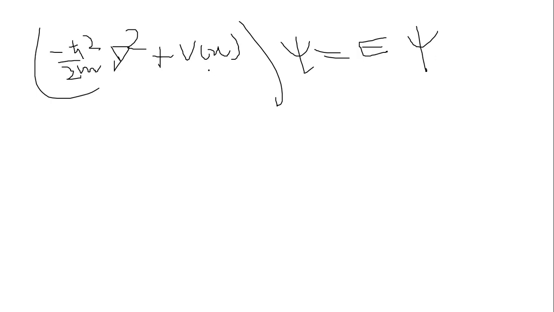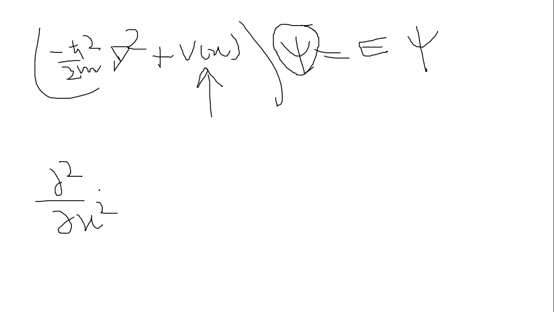When you put the form of the potential here, the potential may be in exponential form or any other type of form. When you put that value here and operate the operator on the wave function given by the state psi, you get the result. So simply we can consider an example.